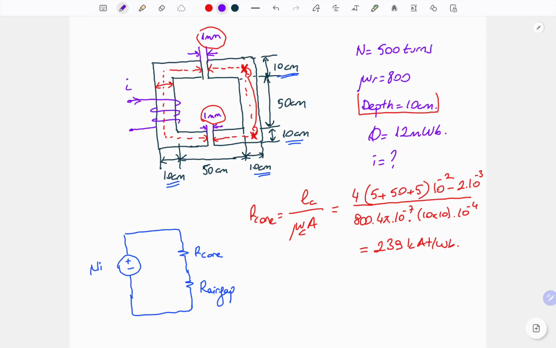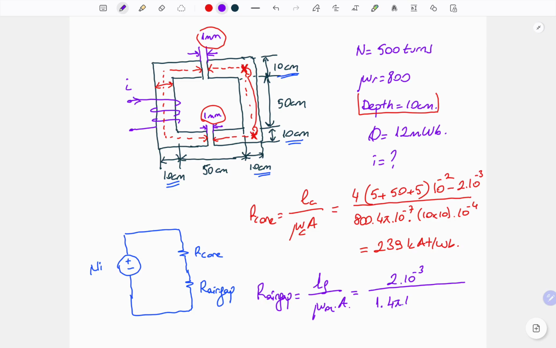After our R core, we can calculate the air gap reluctance. We will use air gap length, mu air gap and the cross-sectional area. So we have 2 times 1 millimeter air gap length totally in one loop. So 2 times 10 to the minus 3 divided by, for the permeability of air gap, relative permeability will be 1.